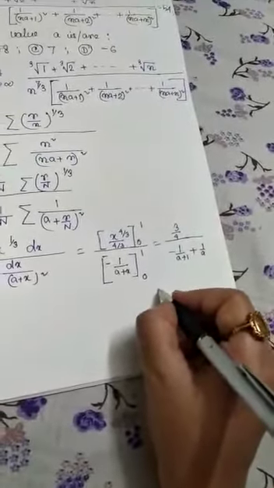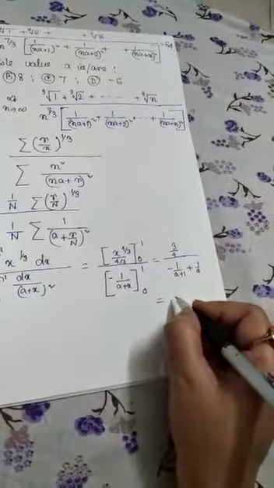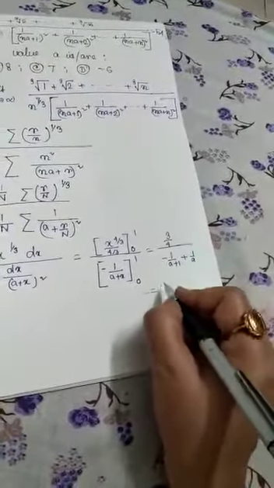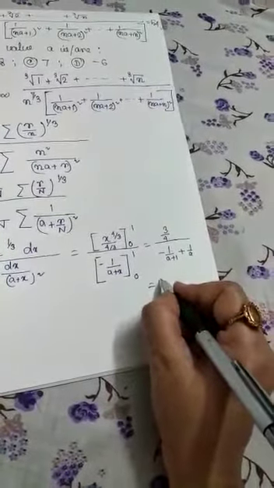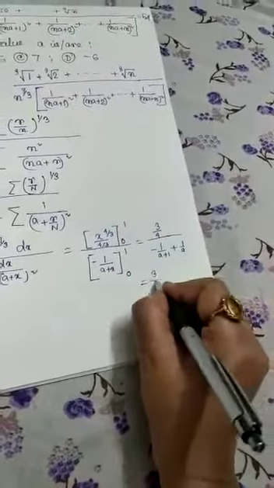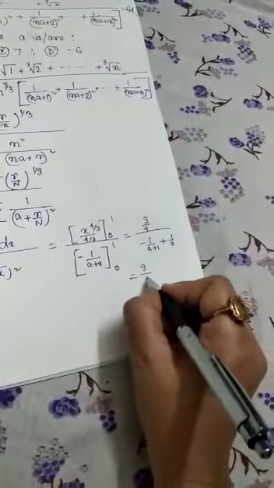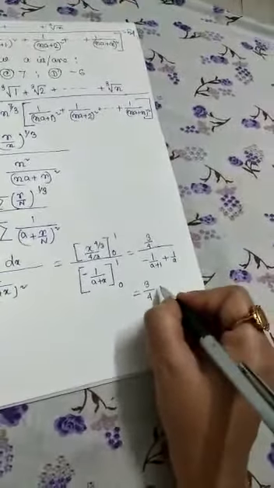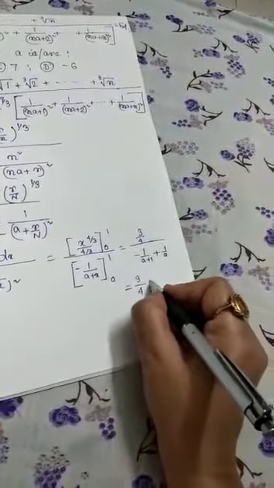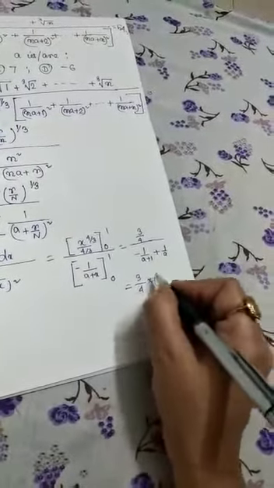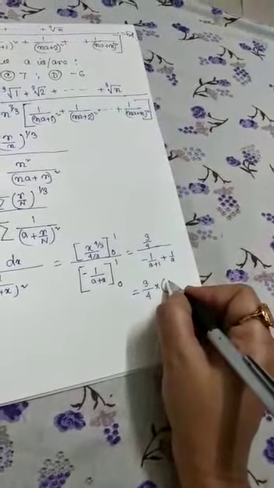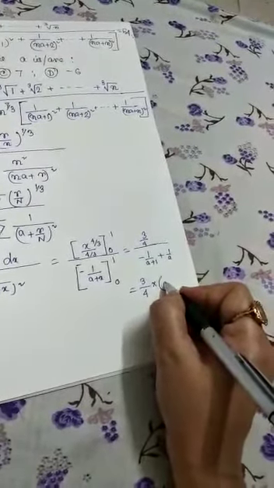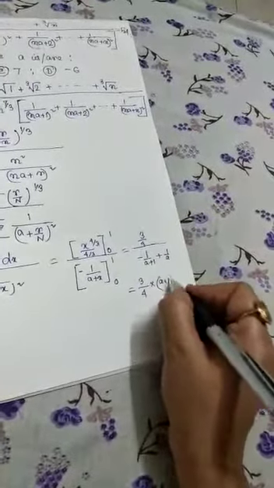This becomes 3 by 4 into 1 by (a into (a plus 1)).